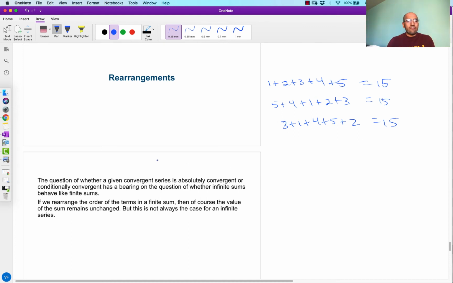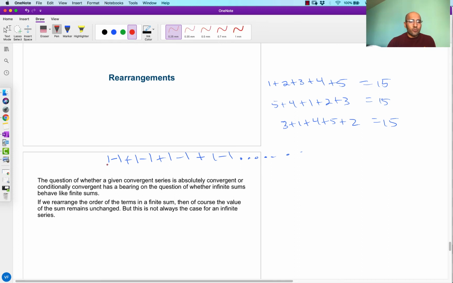Many of you might have already seen this special little trick: 1 minus 1 plus 1 minus 1 plus 1 minus 1 plus 1 minus 1, and so on. Going out to infinity, some people see this in the following way. They think of it as grouping them up.